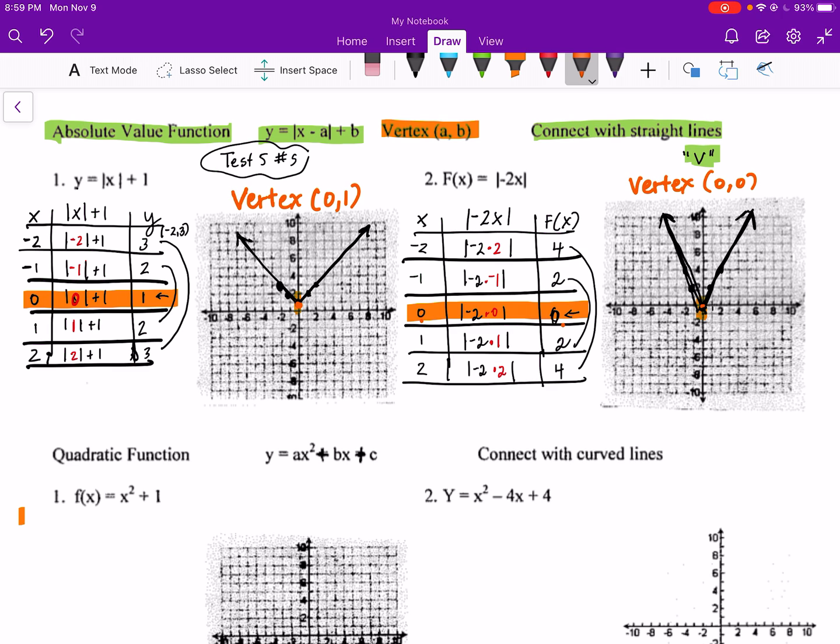Now, if you look at the formula, you can see it has an A here, a -A, and then a B. And so it relates to things here. And we're going to talk more about that tomorrow. All right, absolute value graphs.